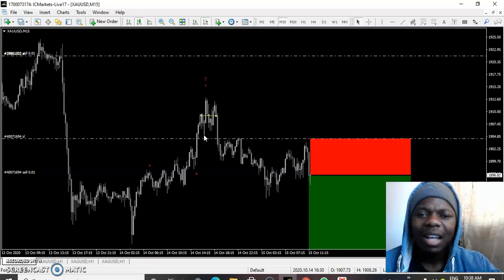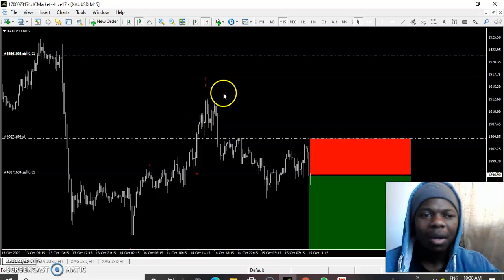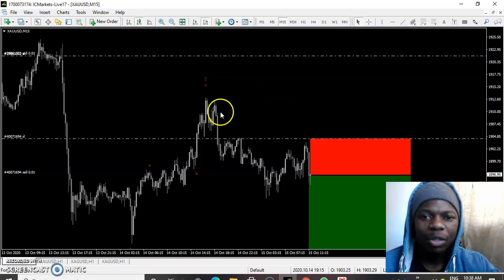We did put our sell stop, but we hesitated because in this business we don't want to risk money where there is uncertainty. So we allowed the market to retrace all the way down here, and then right now this is our last correction.